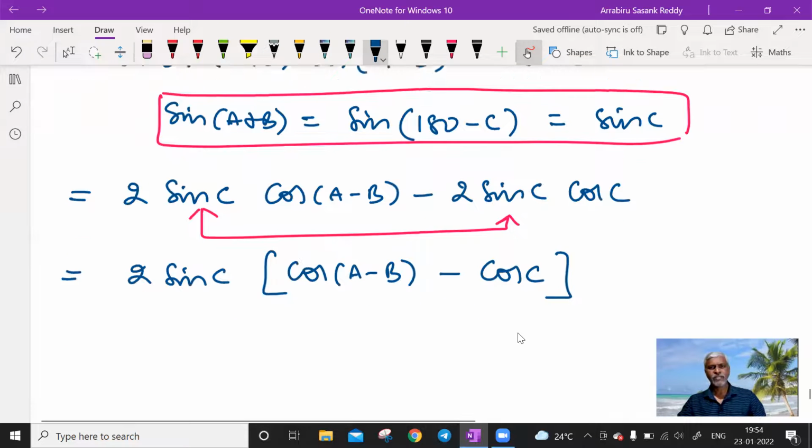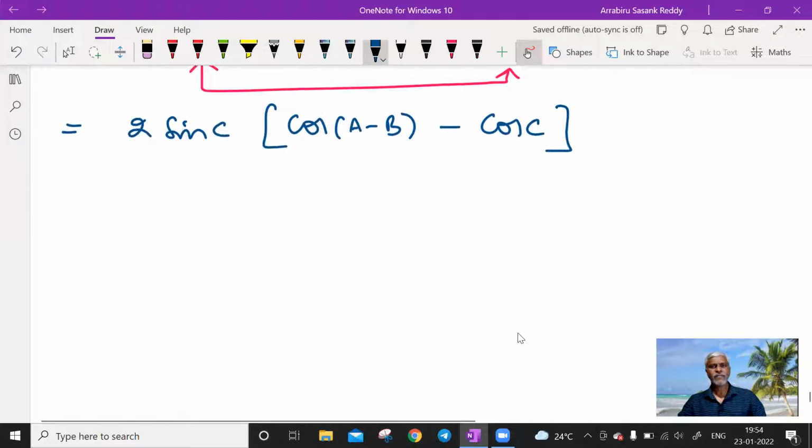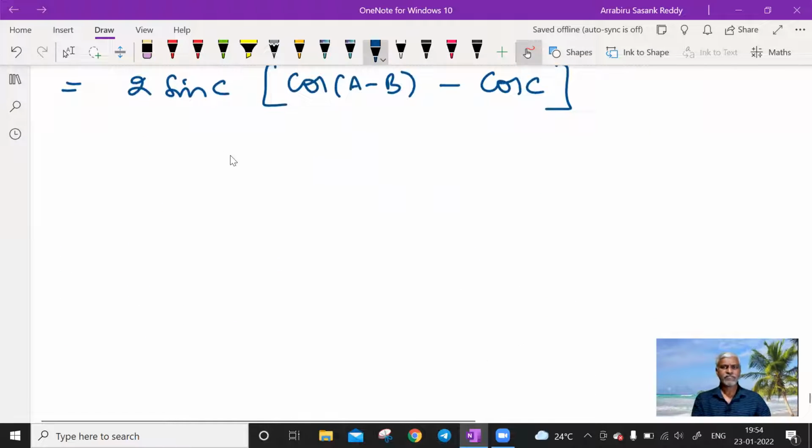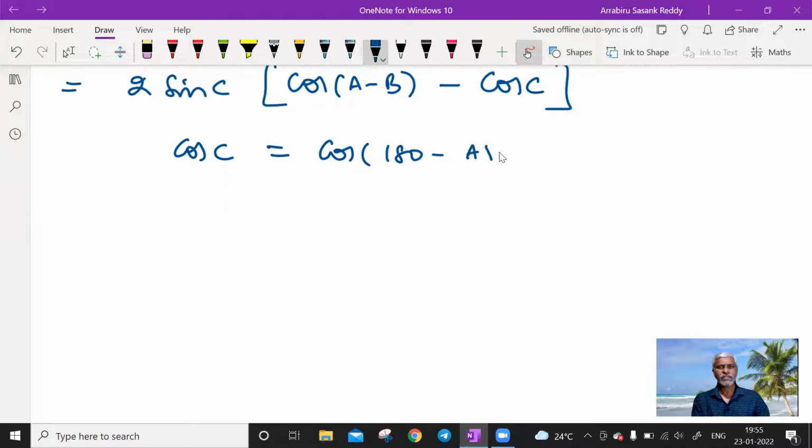The remaining is the same. Now cos C is equal to cos(180 minus (A plus B)), which is equal to minus cos(A plus B).